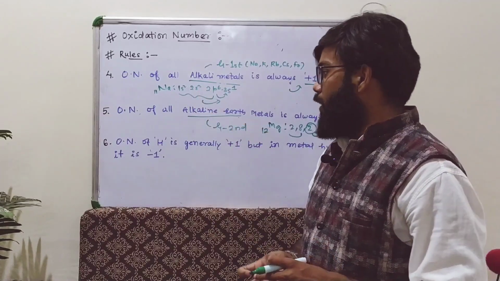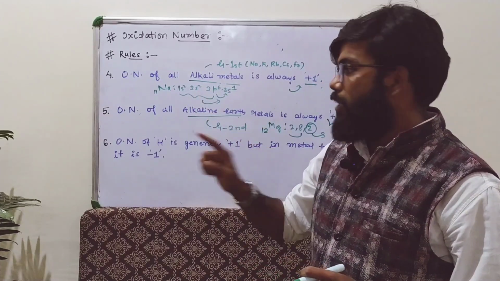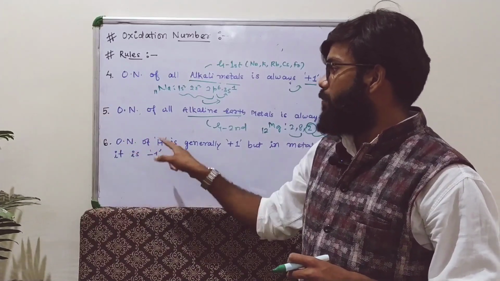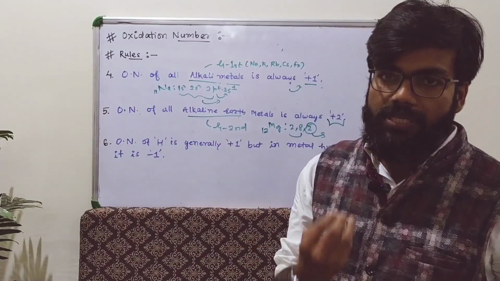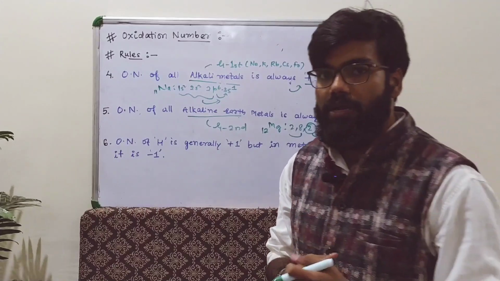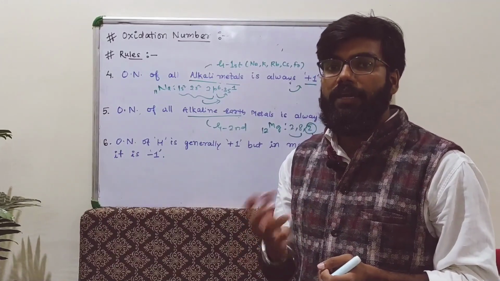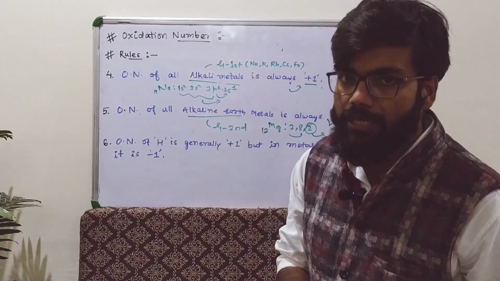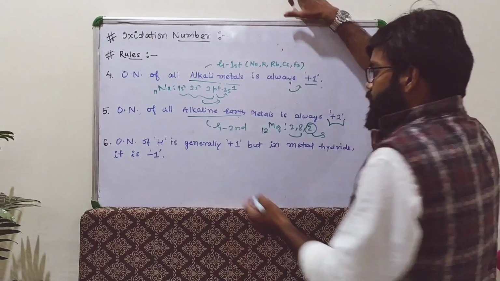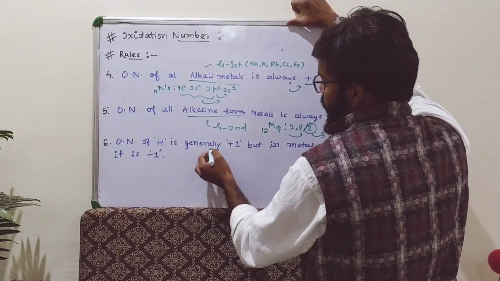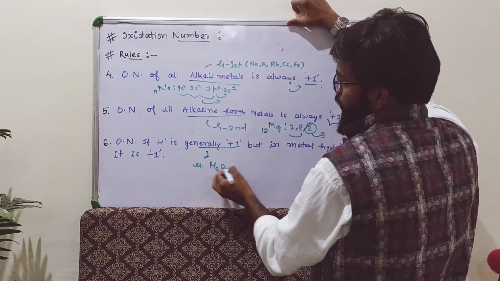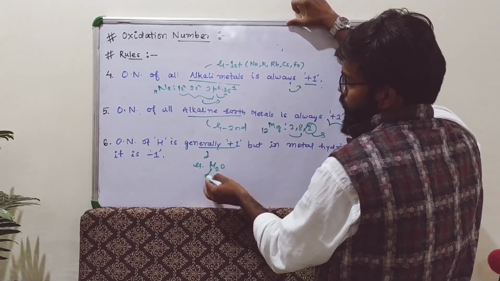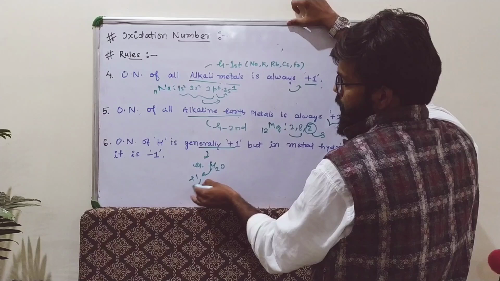Coming to the next rule, the oxidation number of hydrogen is always +1. Generally the oxidation number of hydrogen is +1, but in case of metal hydride it attains -1 oxidation state. How is it? Suppose for example H2O. Here hydrogen will have +1 oxidation state.